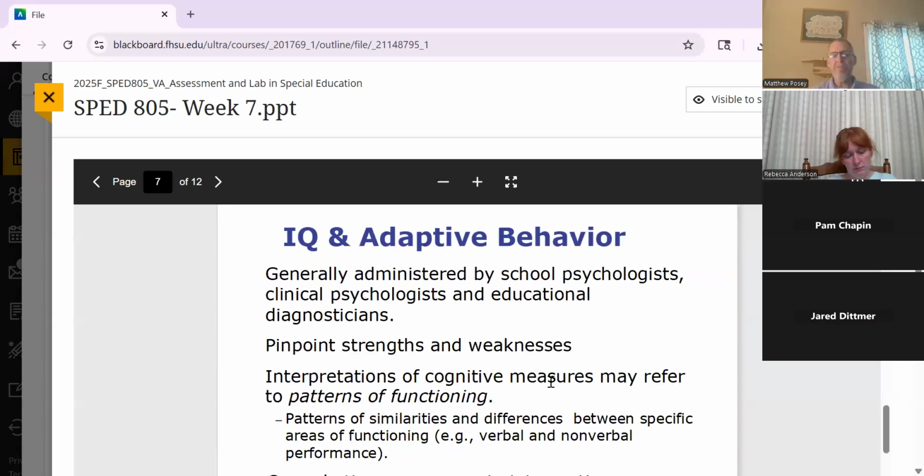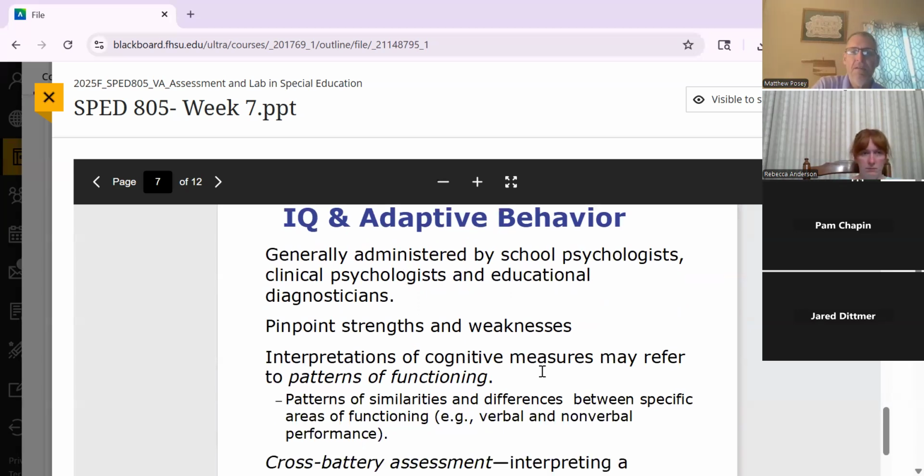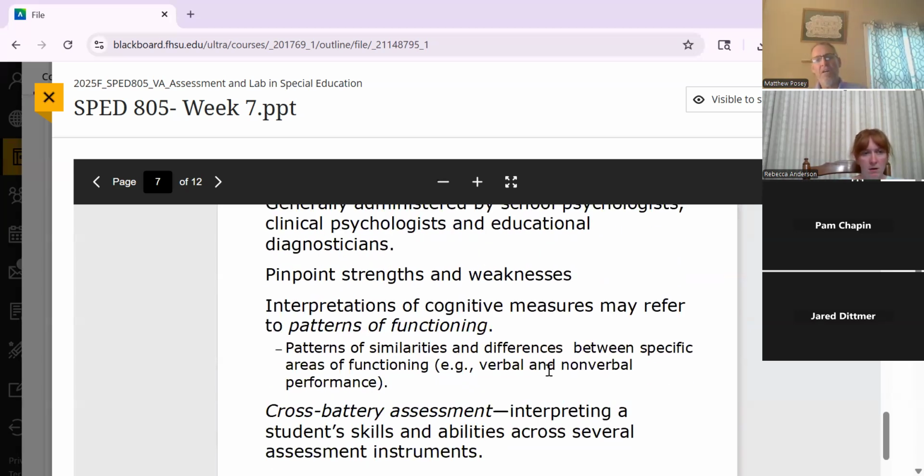IQ and adaptive behavior when we interpret. All right. These are typically IQ tests administered by a school psychologist, psychometrist, someone that's a qualified evaluator. Okay. It pinpoints your strengths. The interpretations of cognitive measures determine or refer to patterns of functioning.